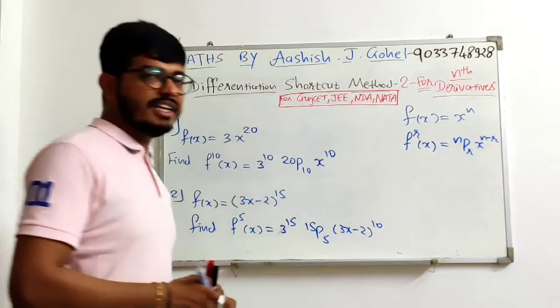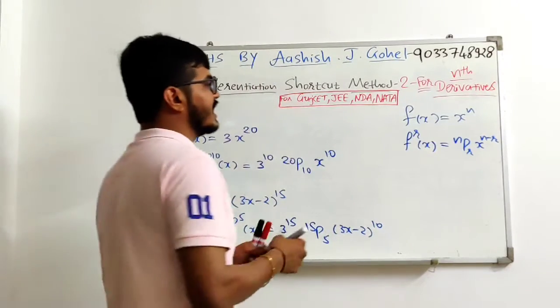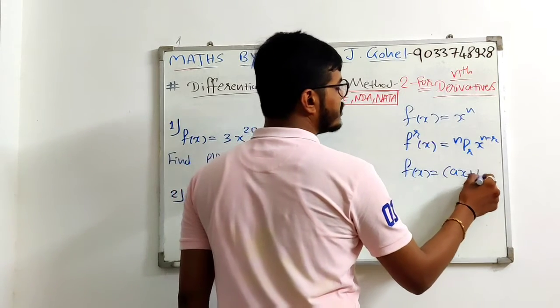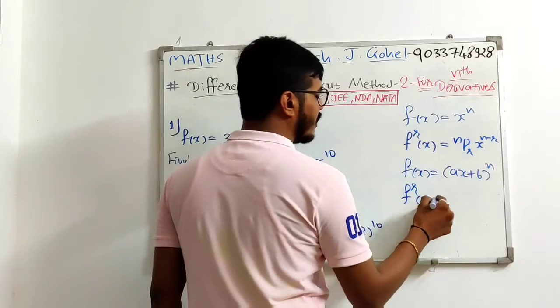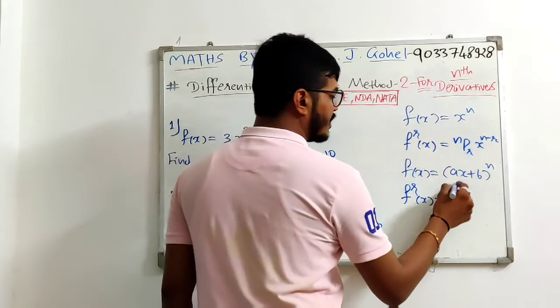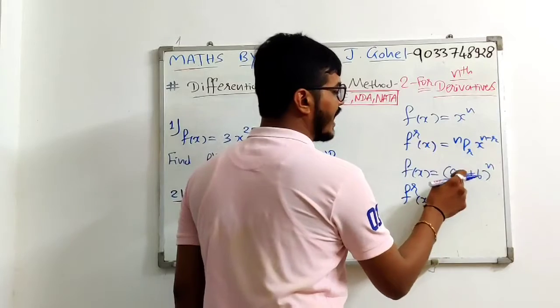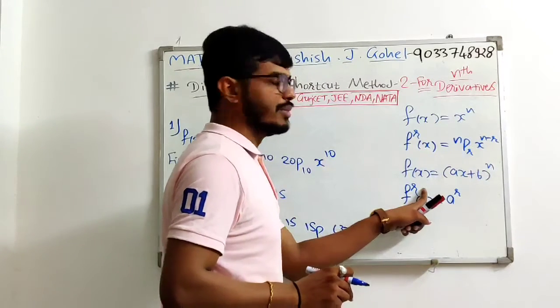If any linear expression in terms of x is given, then we can have f of x is equal to (ax plus b) whole raised to n. Then the rth derivative of this will become a raised to r, whatever the coefficient of x is, that coefficient raised to this number.